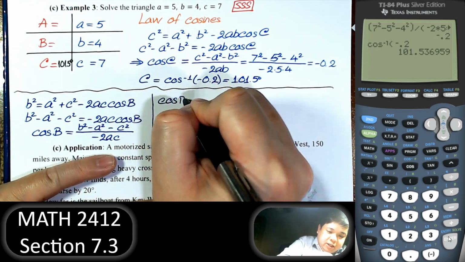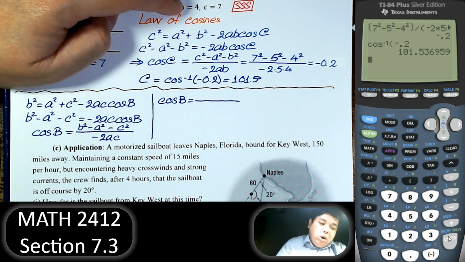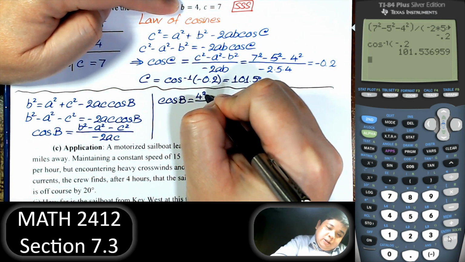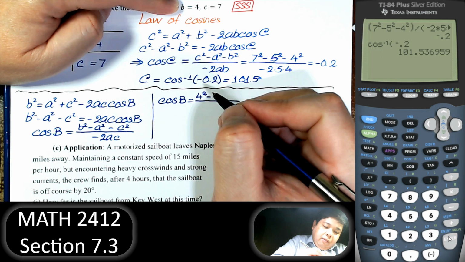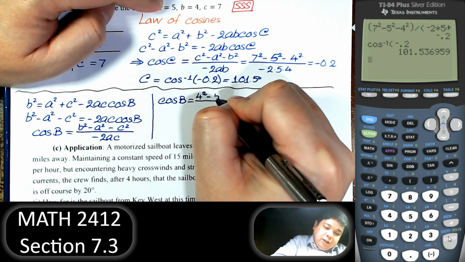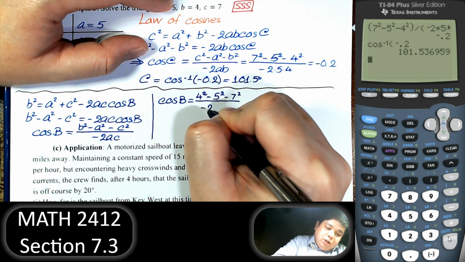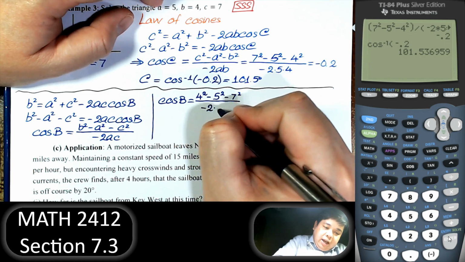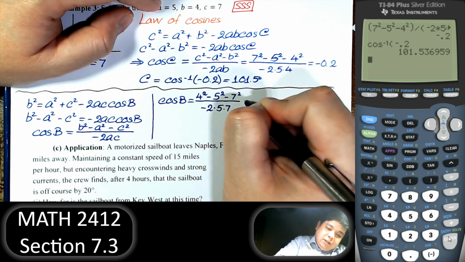Cosine of B is equal to b squared minus a squared minus c squared over negative 2ac.